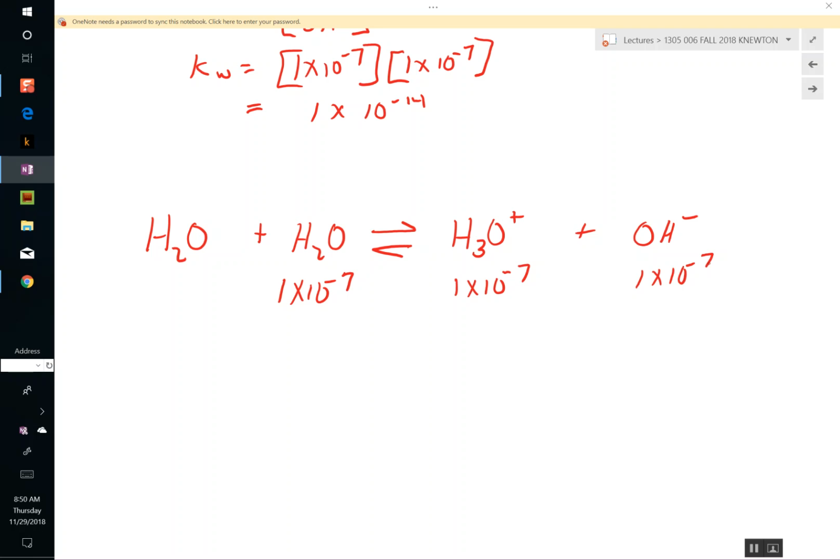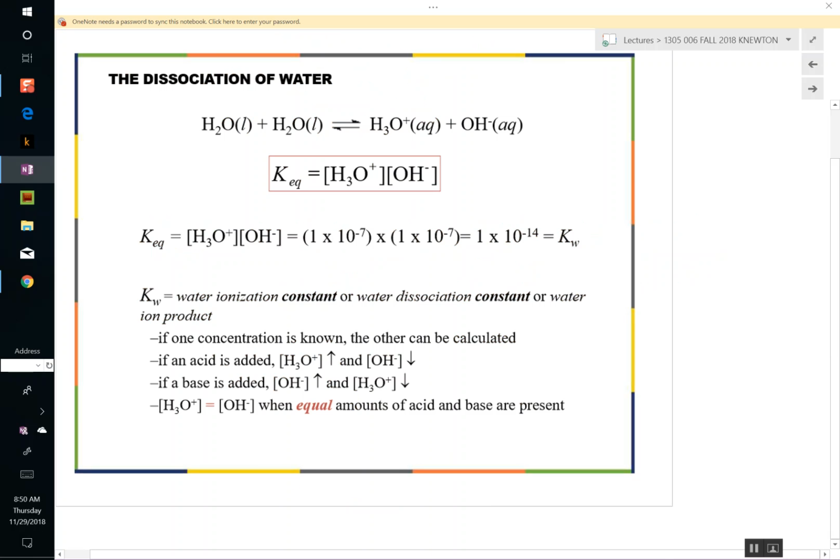So even just pure water has a little bit of ions floating around in it from this auto-dissociation, its interaction with itself. And so that's where the Kw comes from. All right, this is going to be an important number. This is going to come up again.